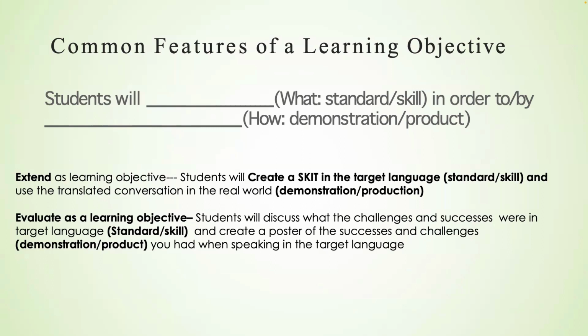The second objective would be from the evaluate. Students will discuss what the challenges and successes were in the target language, that's the standard or skill, and create a poster of the successes and challenges, demonstration of product, you had when speaking in the target language. So we just took the last two lines and put them in our learning objective framework.